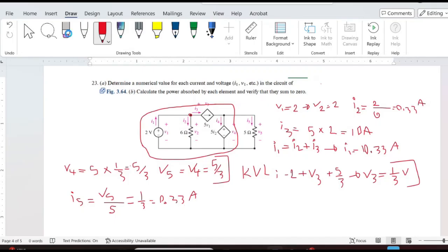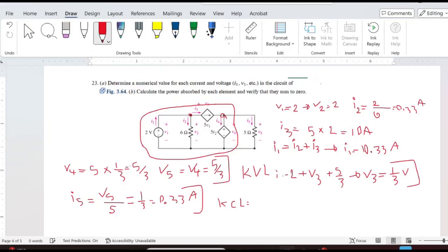And then I guess the last thing that we need to calculate is I4. And I'm going to do that by writing KCL, the balance of current, for this node right here.